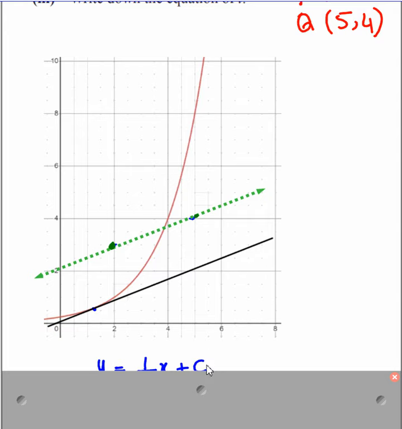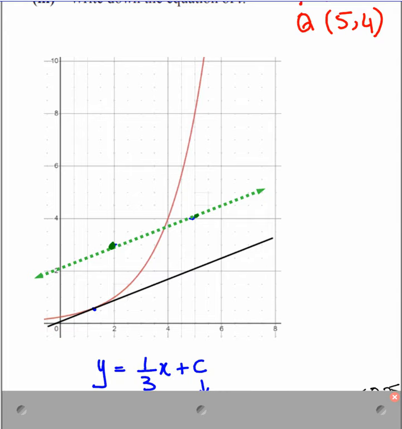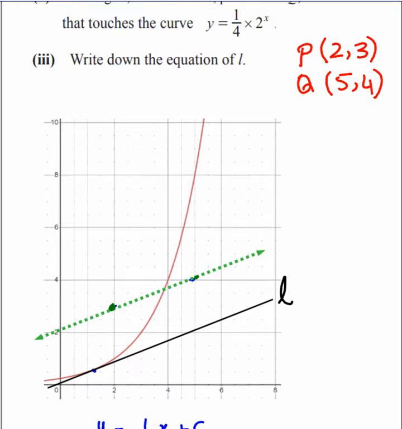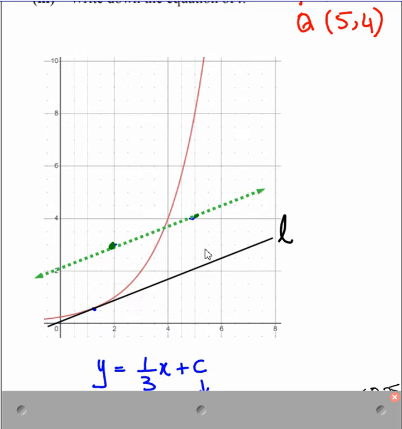So this is how you will get another line which is parallel to PQ and touches the curve. And then the last part of the question is saying, write down the equation of this line. So this is my L line, which I have just drawn. I have to find the equation of this line using the graph. Because the line is parallel, the gradient is the same, 1 upon 3. Then you can see from the graph where this line is passing through on the y-axis.